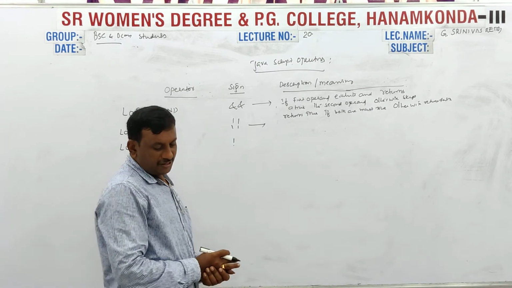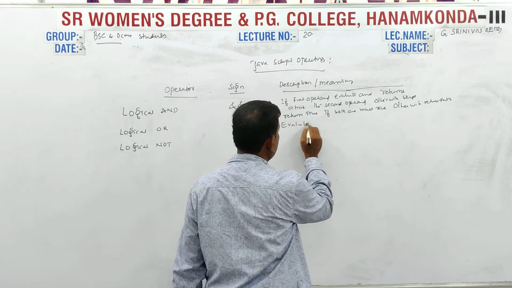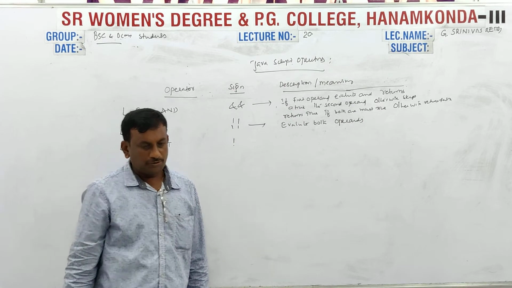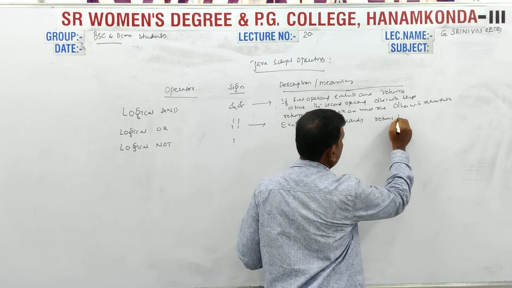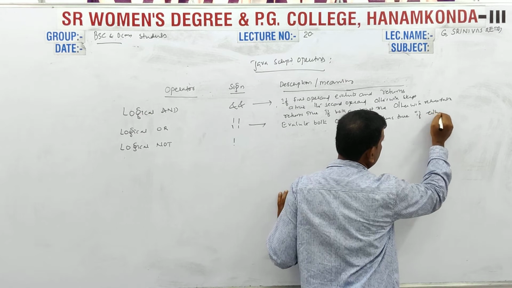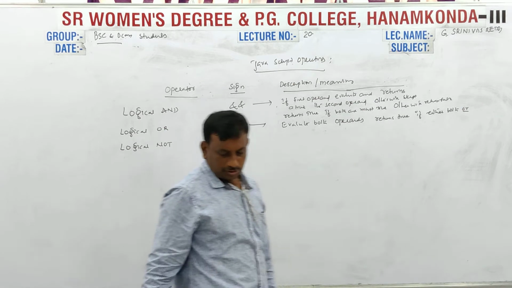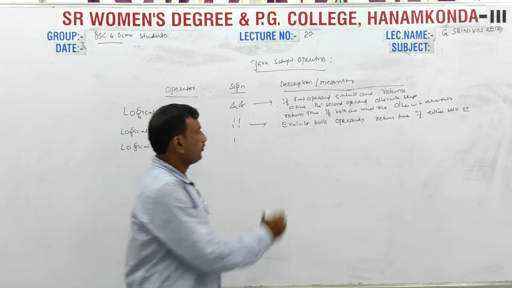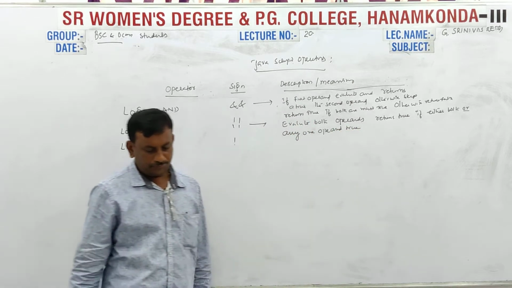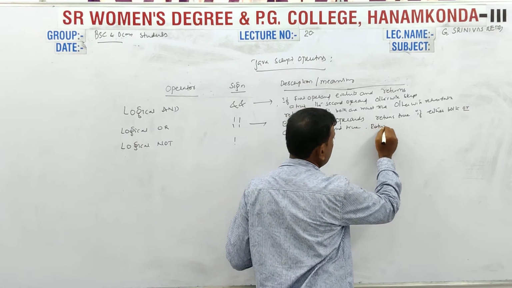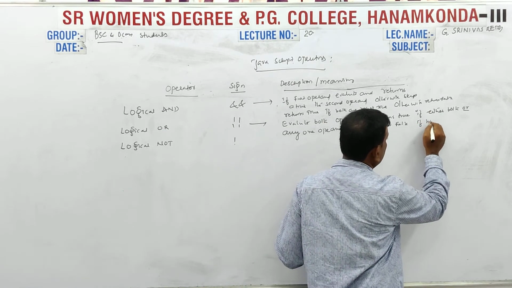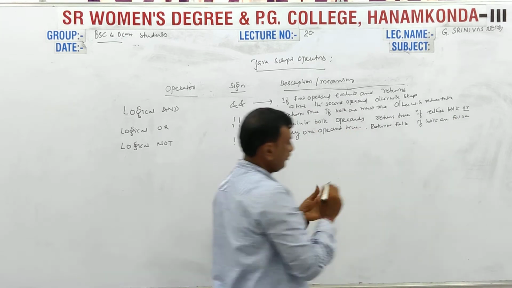Next is logical OR. It evaluates both operands and returns true if any one operand is true. It returns false if both are false.